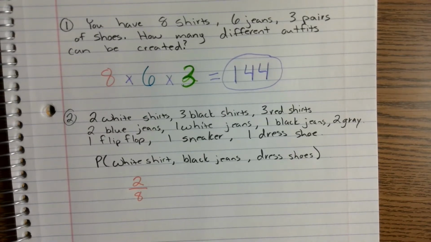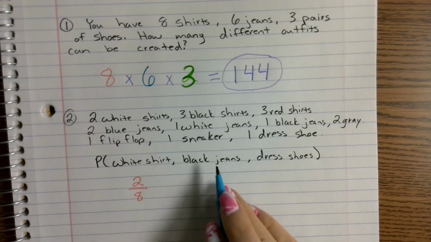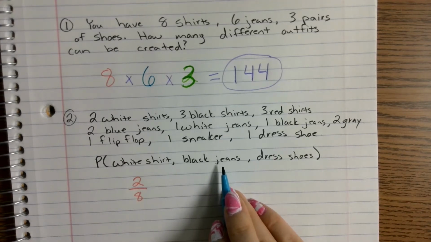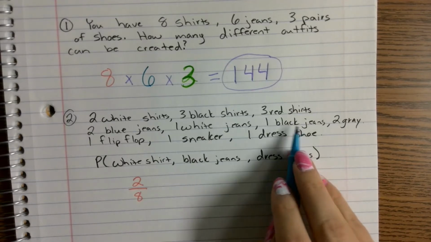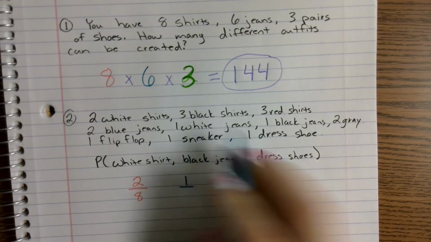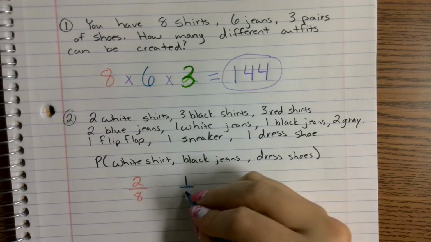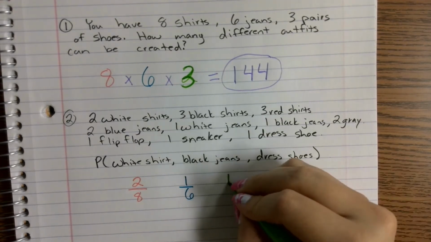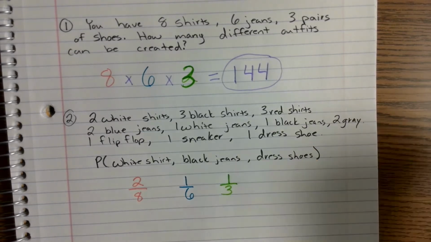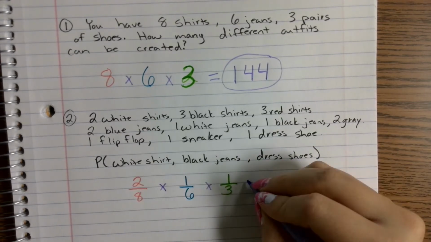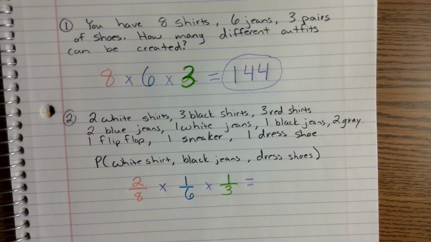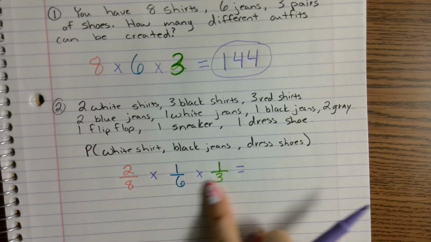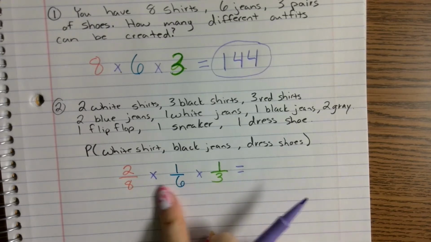Then I've got the black jeans. How many black jeans? 1 pair of black jeans out of the 6 jeans. And how many dress shoes? 1 out of the 3 dress shoes. If I don't simplify, I know that my denominator is going to be 144.